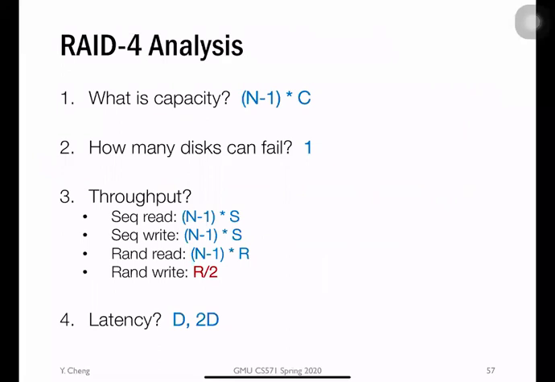Because we introduced this extra disk as the parity disk, the total amount of effective capacity that could be used to store data chunks or data blocks is n-1, excluding the parity disk, times C, assuming the letter C represents per disk capacity.